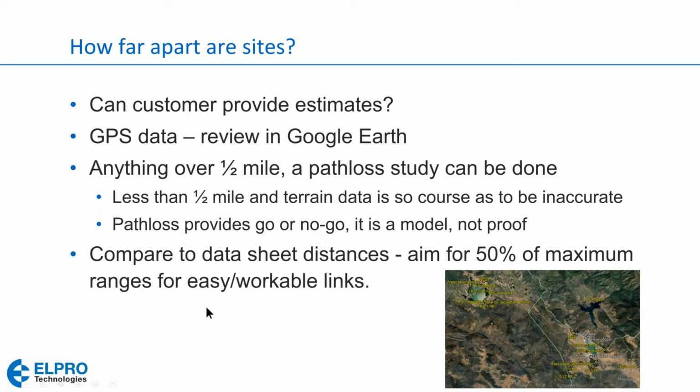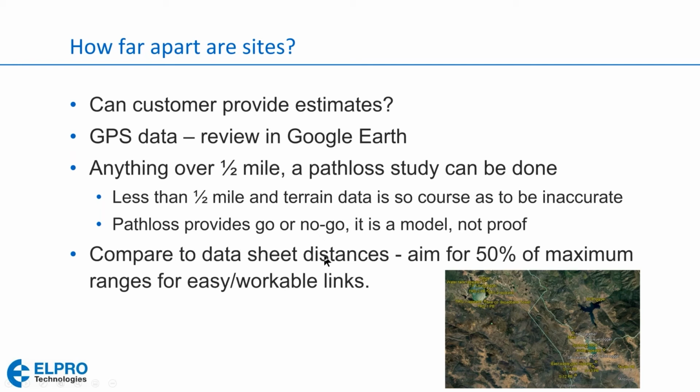But if we're trying to do a Pathloss study for a distance of a quarter mile, there are probably only 3 or 4 data points that we're going on, so it's not terribly accurate there.